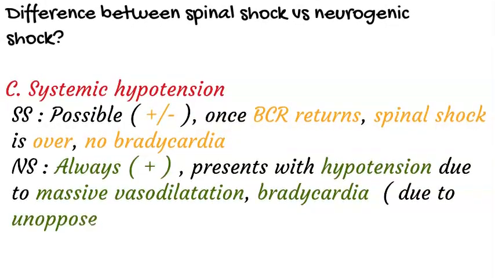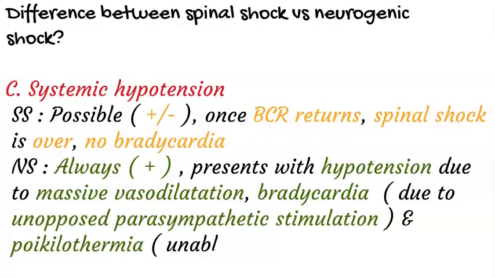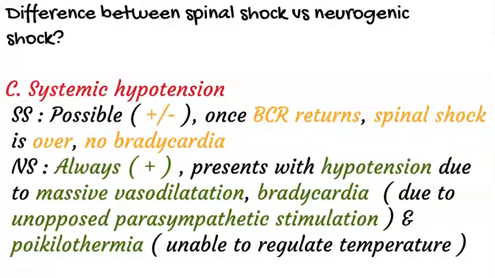But for neurogenic shock, systemic hypotension is present. Usually, they present with hypotension due to massive vasodilatation, bradycardia due to unopposed parasympathetic stimulation, and poikilothermia, whereby the patient is unable to regulate temperature.